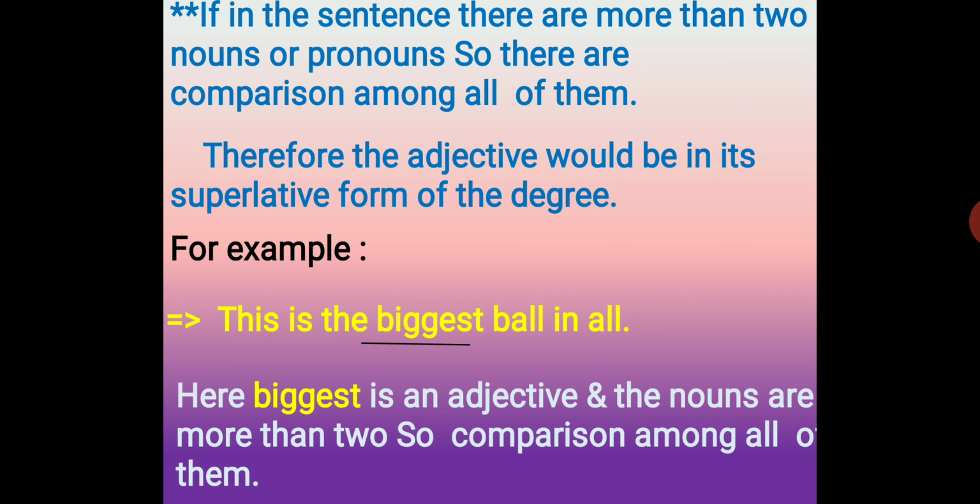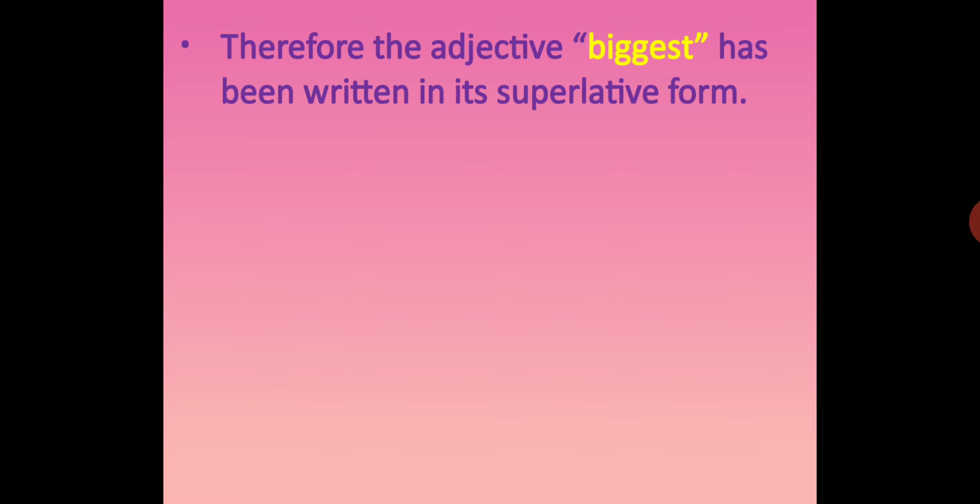In all mentions more than 2 balls, so the comparison will occur among more than 2 balls. Therefore, the adjective biggest has been written in its superlative form. So biggest is not the positive form. It is not the main adjective.